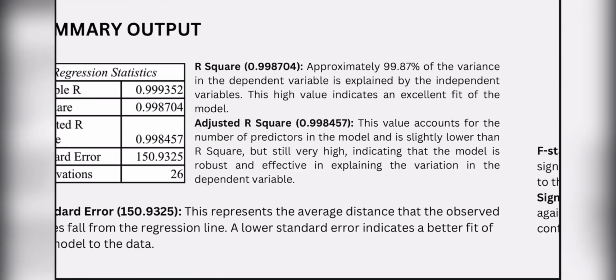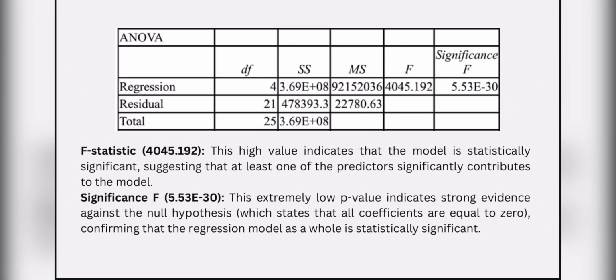Next we have the ANOVA table, and it shows the statistical significance of our model. The most important figure in this context is the significance of the F test, or the significance F, which tests the null hypothesis that all regression coefficients are 0. In other words, we test the statistical significance of the entire model.